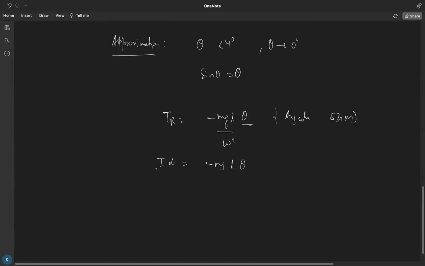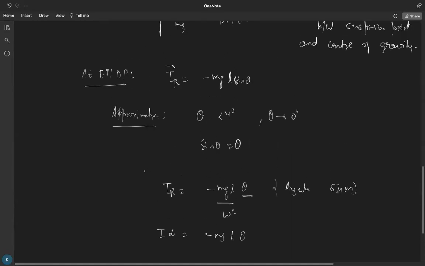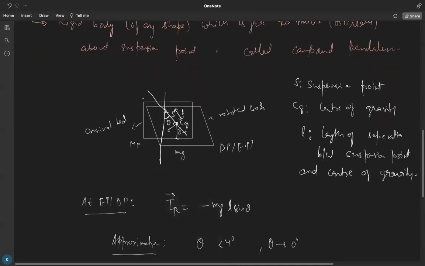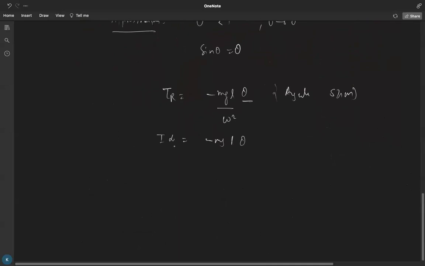We don't know I, because the rigid body can be anything. In this case, we are assuming some kind of square plate; in different cases it will be different. So I'm just taking it as I about the suspension point. So alpha is equal to minus mgL by the moment of inertia about the suspension point, into theta, where I is the moment of inertia about the suspension point.